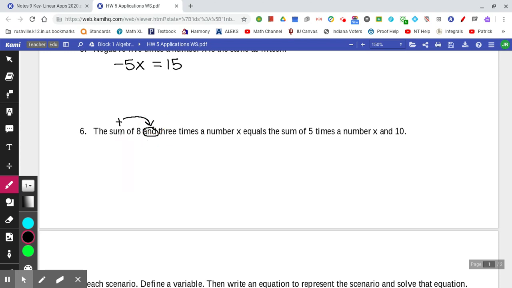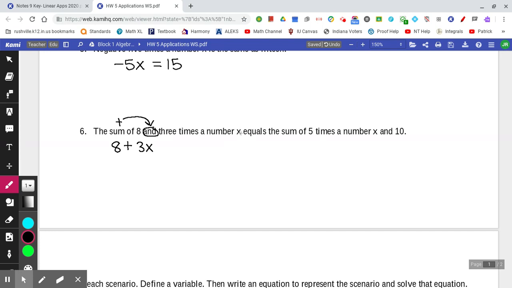What values am I adding? The sum of 8, so I start with 8, and there's where the plus goes, 3 times the number x. Remember multiplication, I'm just going to do 3x, attached, which is implied multiplication. Do not use a sign.